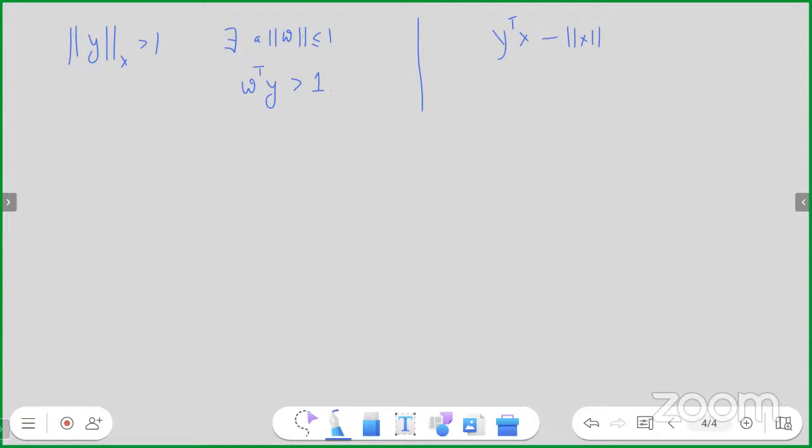We take the norm of x common outside. But this quantity is, well, there exists a particular X for which at least I know that X transpose Y is greater than 1.